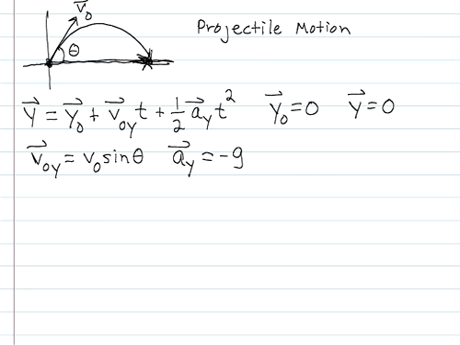So if I put those numbers and symbols in, we get this: 0 equals 0 plus v sub 0 sine theta times t, minus 1/2 g times t squared. So we've got a quadratic.